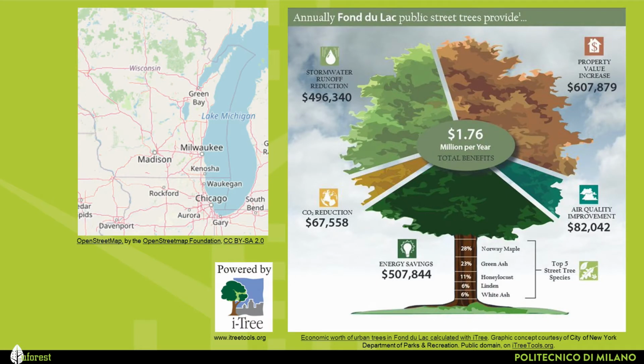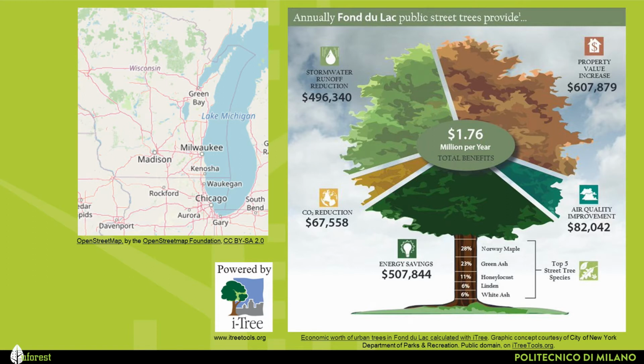Here you see an example of the outcomes of a monetary valuation of ecosystem services for the city of Fond du Lac in Wisconsin in the USA. The city has a canopy cover of 15%, and the value of all public street trees is totaling $1.76 million per year.